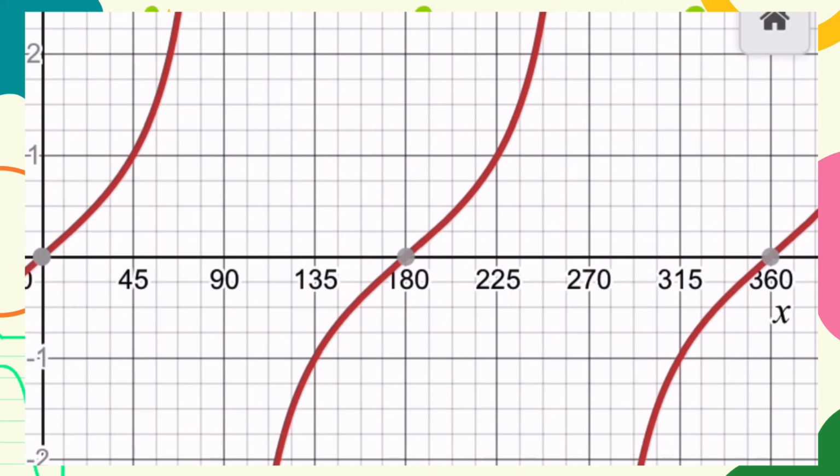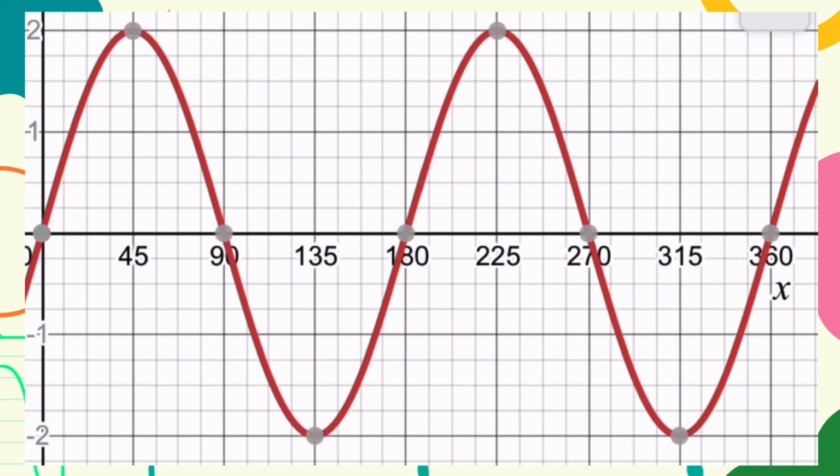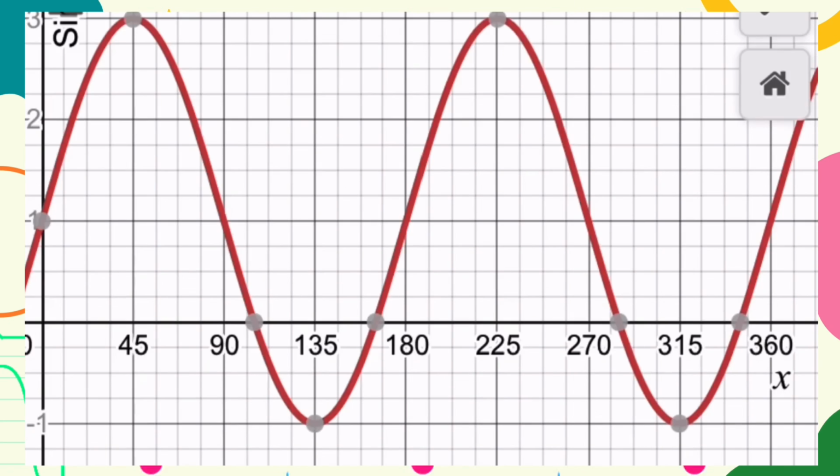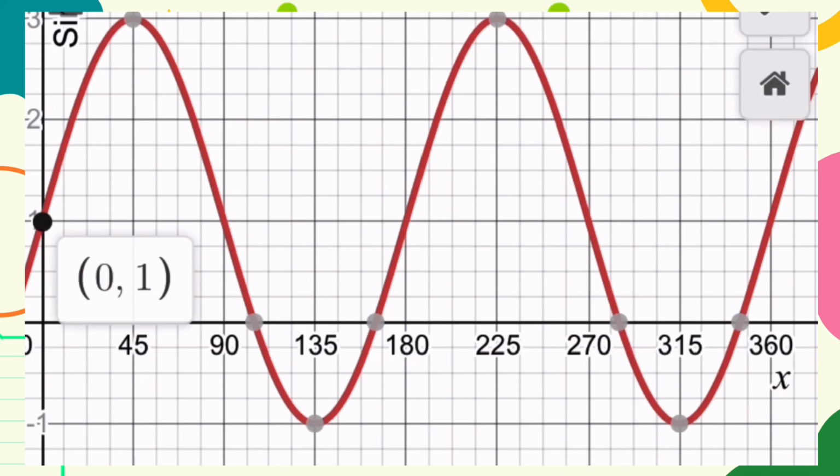Another thing I need to teach you is that we are going to translate the graph, and then I'm going to shift up or shift down the graph. I'm going to shift up one step. Look at here, the y-intercept is 0, 1. So let's call it translation. So the y-intercept of the sine graph is 1.